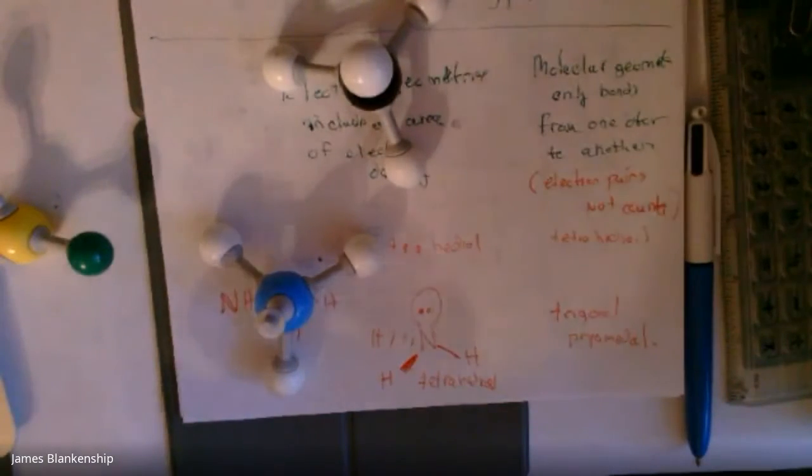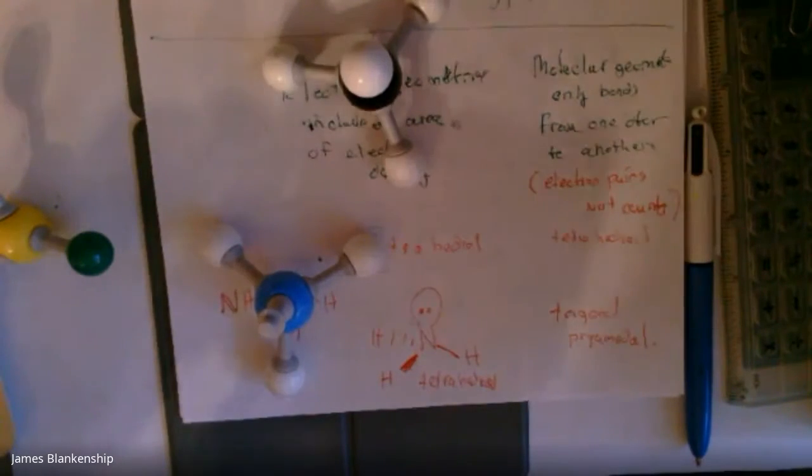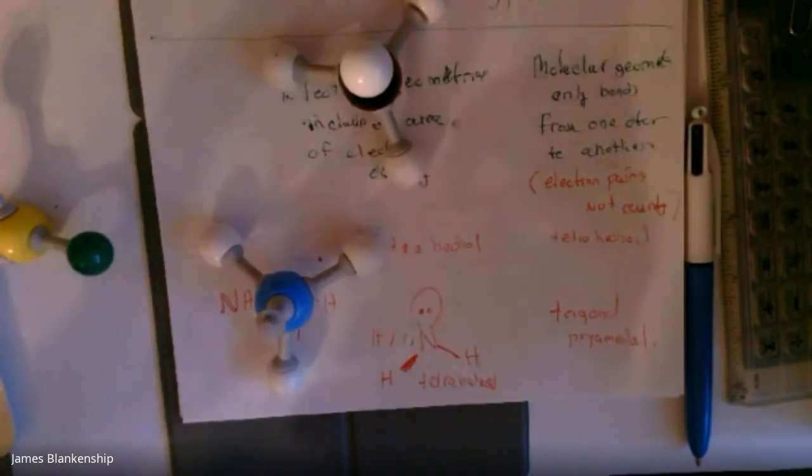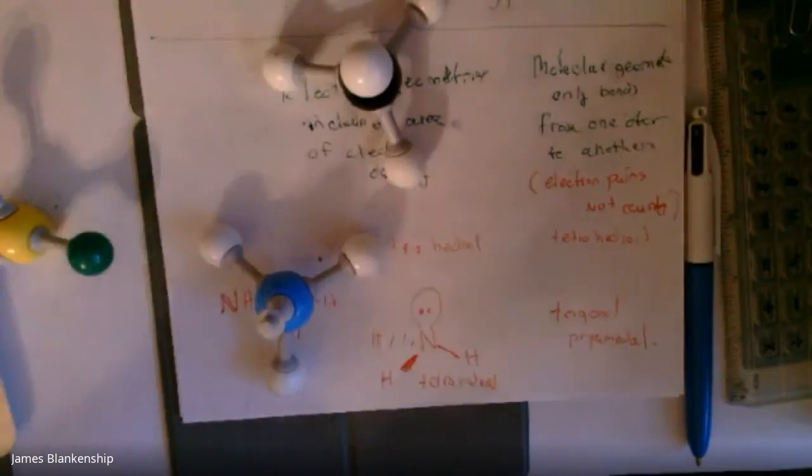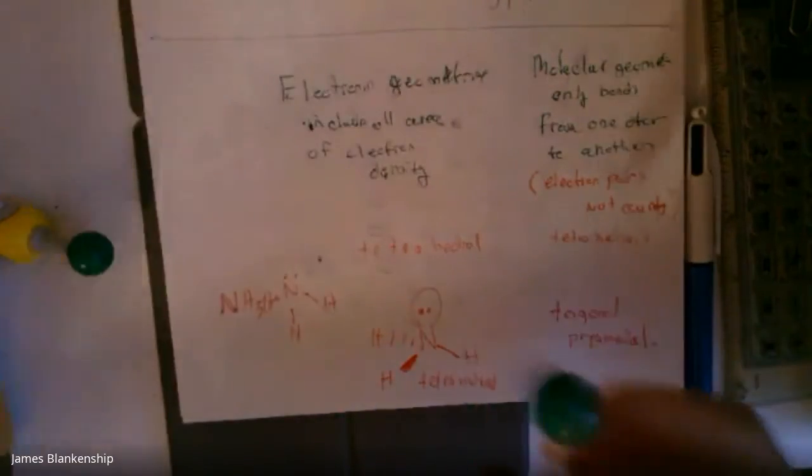The same thing would happen if you had something like this. If we say had an sp3d, that means 5 things. And let's imagine that we have 4 atoms bonded, 1, 2, 3, 4, and a lone pair of electrons.